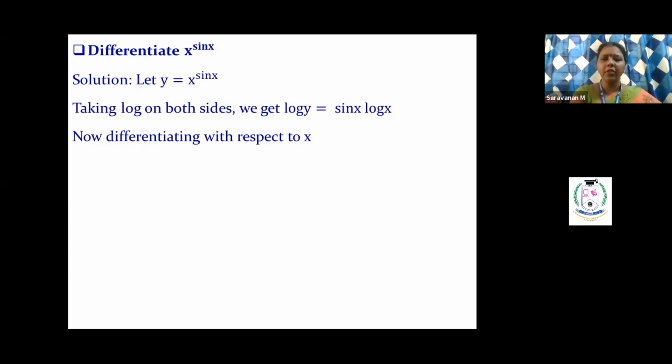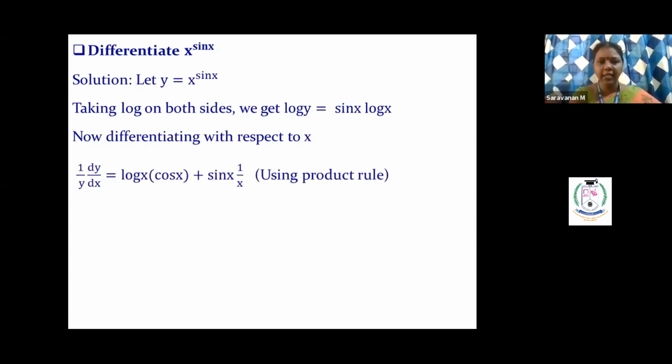Now we have to apply the differentiation. Which rule do we have to apply here? The product rule, because in sin x into log x we have f of x, g of x. Now we differentiate with respect to x. So d by dx of log y is equal to d by dx of sin x log x.